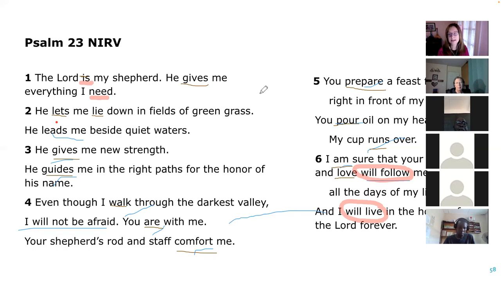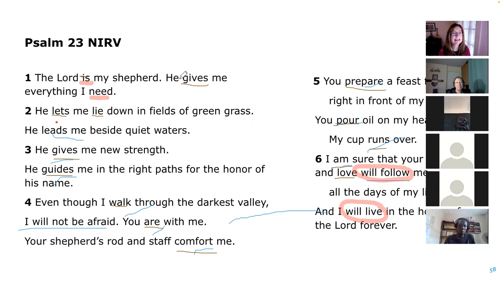Who is the subject of the verbs that end with the S? The Lord. The Lord, yes. So the Lord God, he is one. So he is a singular subject.